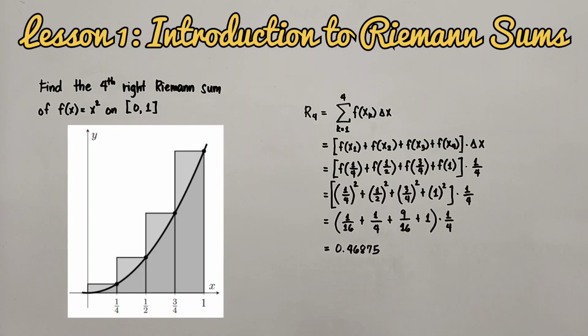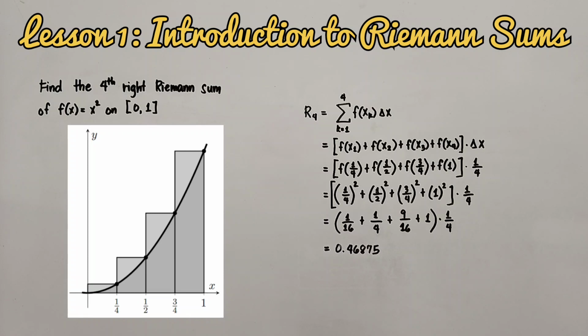By using the formula of the right Riemann sum, we have f of x sub 1 plus f of x sub 2 plus f of x sub 3 plus f of x sub 4 times the step size. We substitute x sub 1 by 1/4, x sub 2 by 1/2, x sub 3 by 3/4, and x sub 4 by 1. And we already have the step size, which is 1/4.